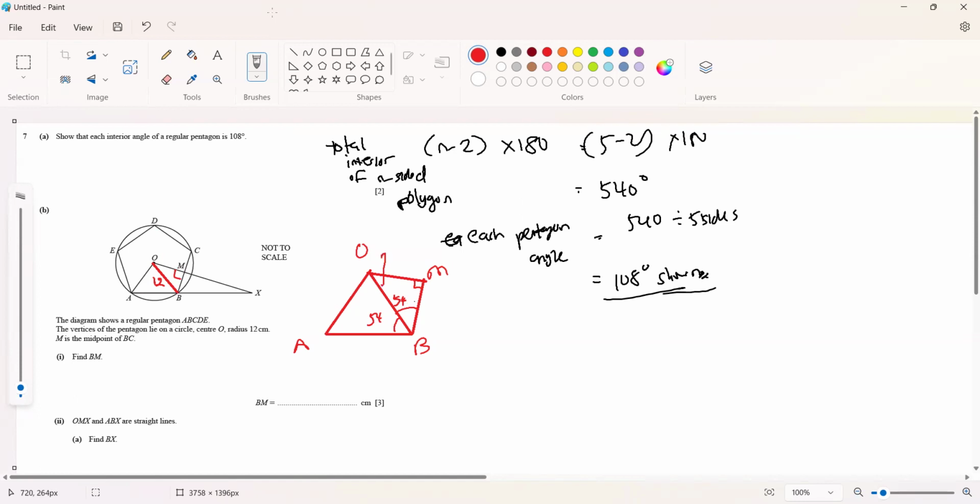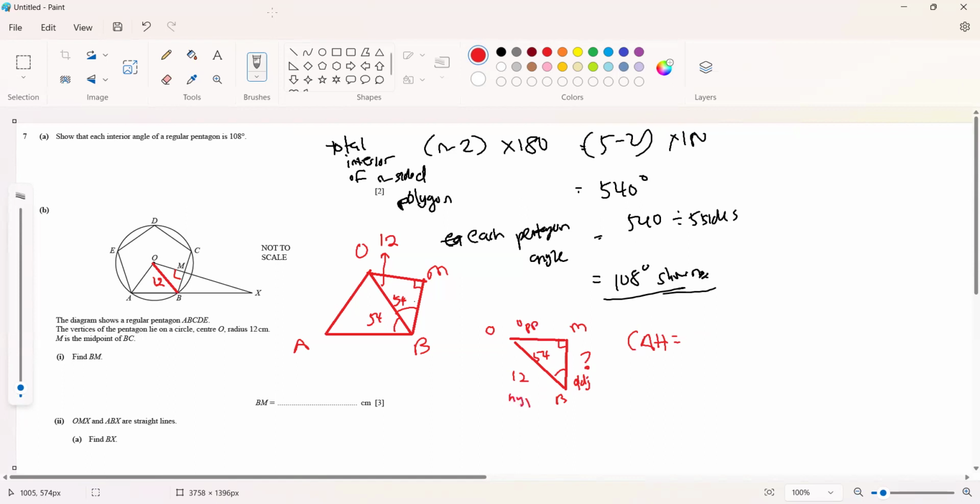So in this case, we also know that OB is 12. So if we isolate out the triangle even further, this side is 12, this is OB, and then this is M, this is 90 degrees, and this is 54 degrees. And they're asking us for BM, so we can use cos to help us to find it, because it's CAH. So according to this angle perspective, this is adjacent and this is opposite.